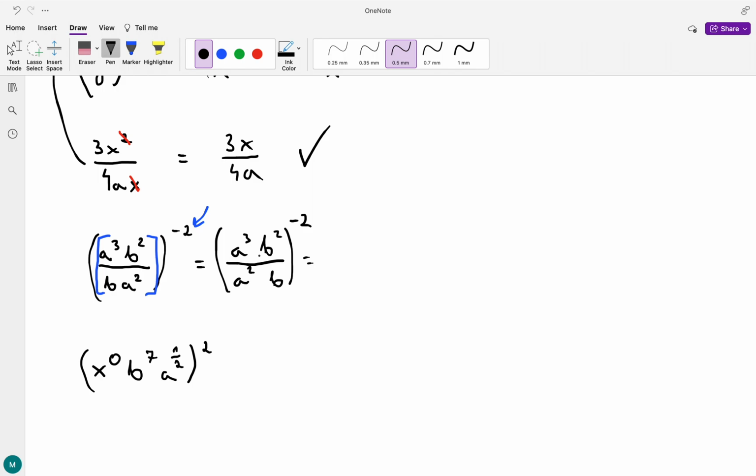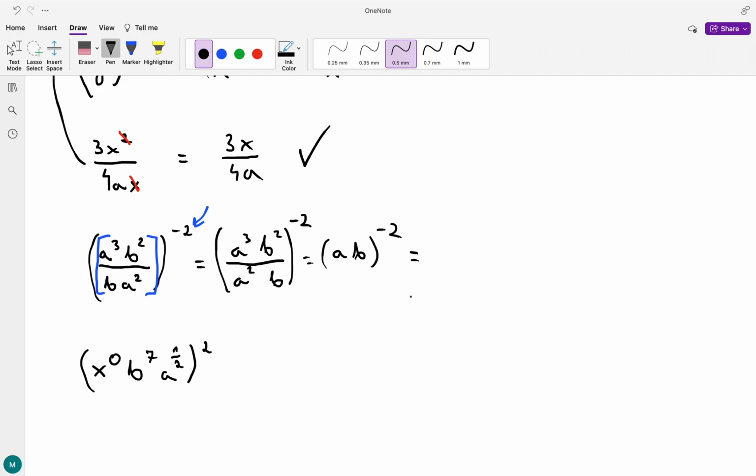So you can see that we can simplify things inside the parentheses before we apply this power. So a to the third divided by a squared is simply a, and b squared divided by b is just b. So we have a times b to the power of -2.